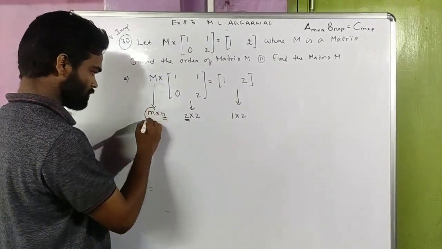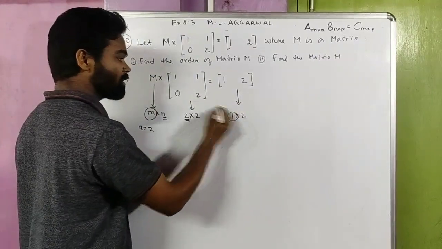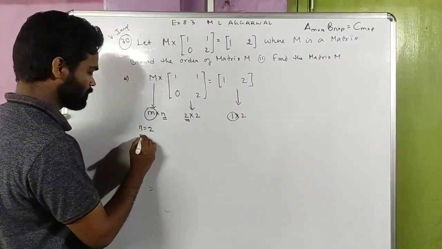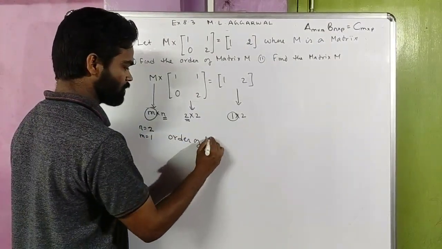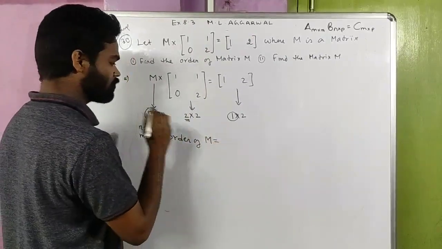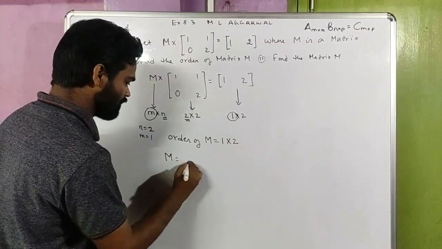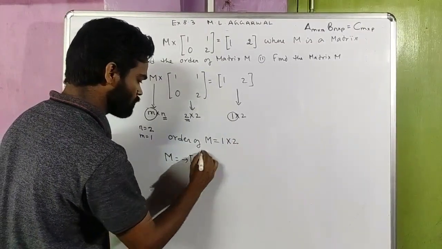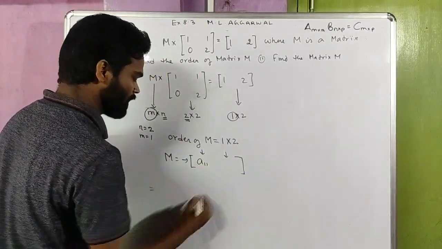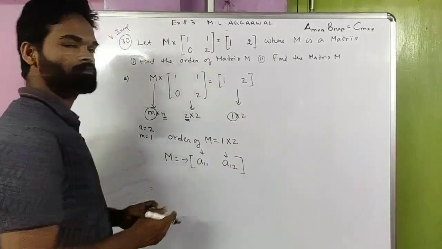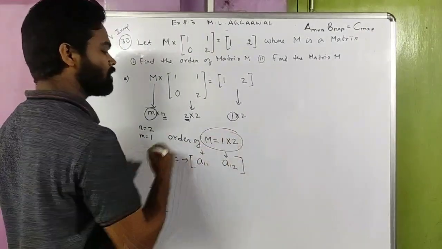And we know that the row of the first matrix and the row of the resultant matrix are equal, which means the order of M has to be 1 cross 2, M cross N, which means the matrix M will have 1 row and 2 columns. So this is A11 and this is A12. Am I clear? So the order of the matrix M is 1 cross 2.